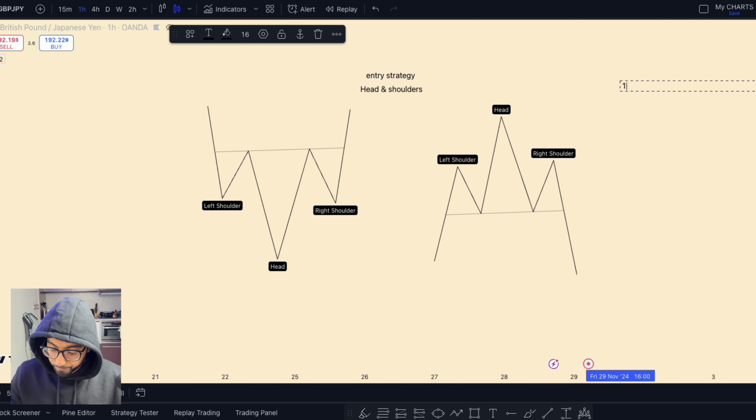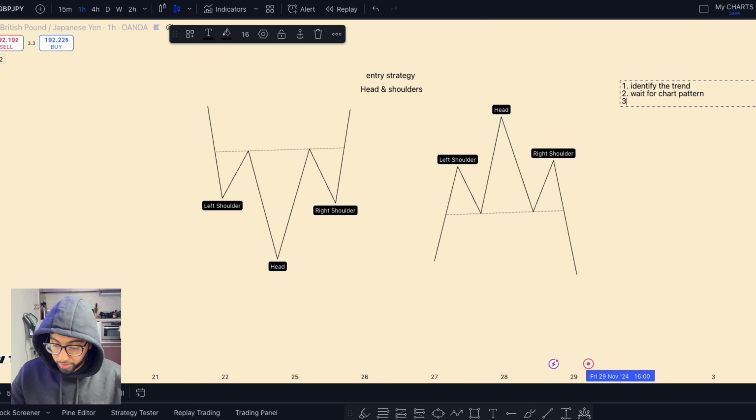Number one, when you look for an entry strategy, you have to first identify the trend. Number two, we find or wait for a chart pattern.